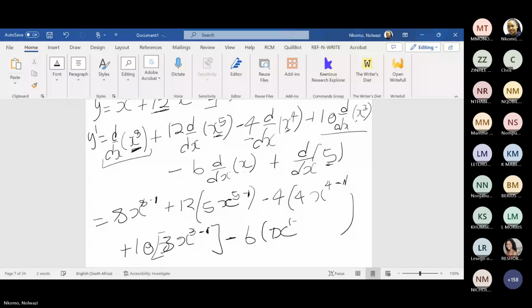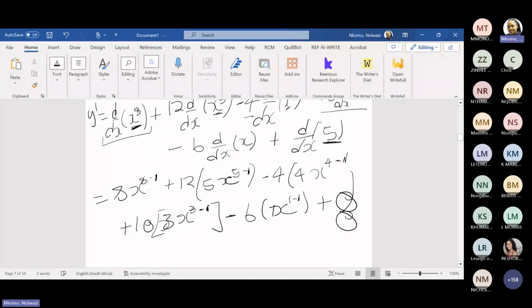Then the derivative of a constant. You can write it, or leave it like that and not write it. Then we simplify.